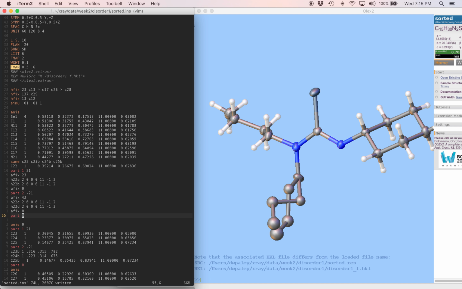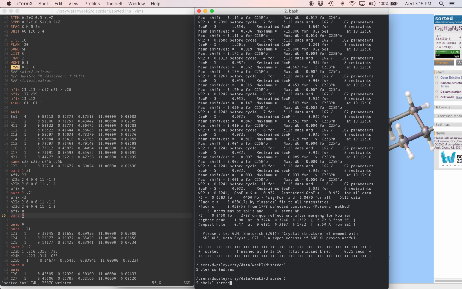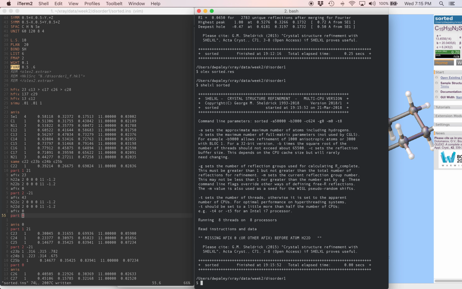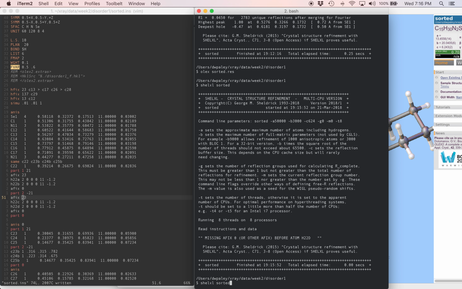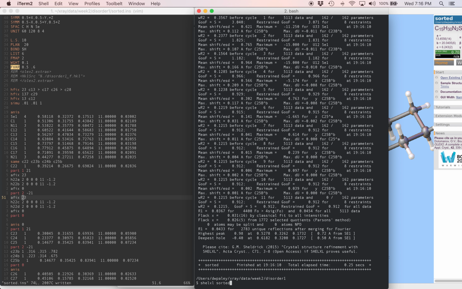Okay, let's run the refinement with just those hydrogens in there and make sure it looks okay. Missing AFIX before atom H22D. Oh, I put the wrong AFIX code. It should be 2,3, not 4,3. It was looking for just a single hydrogen atom there. Okay.